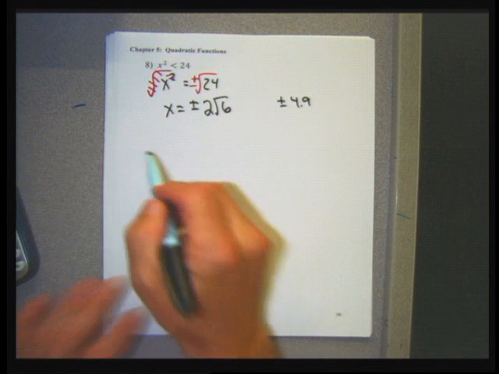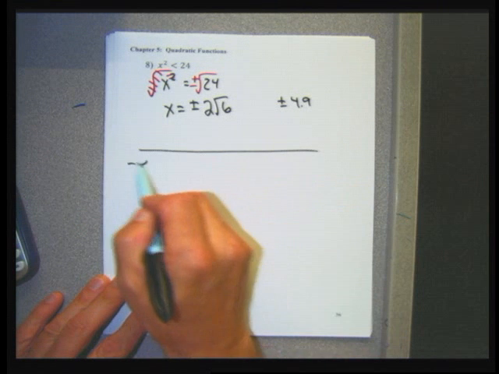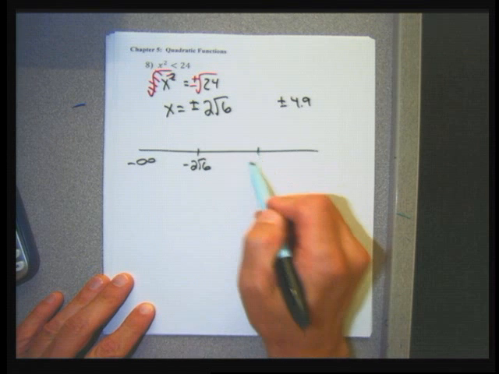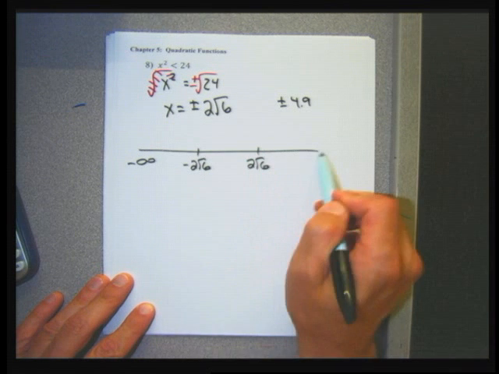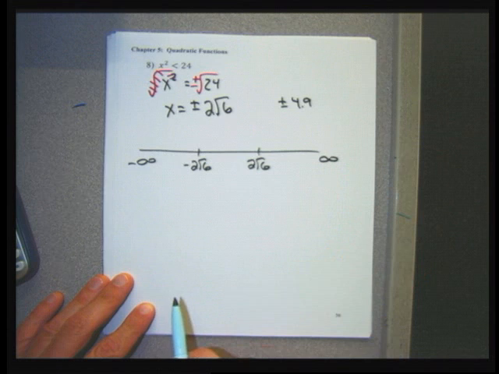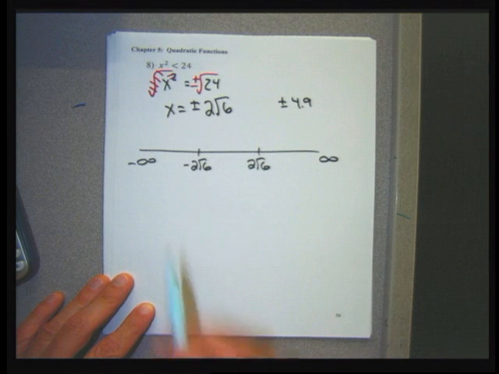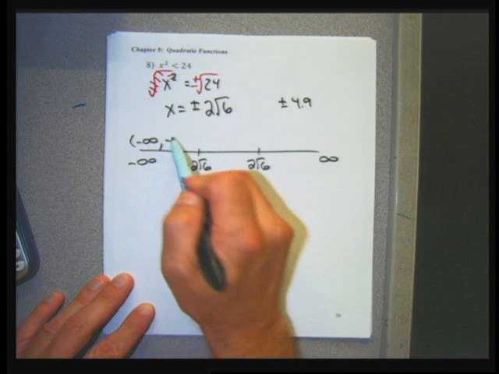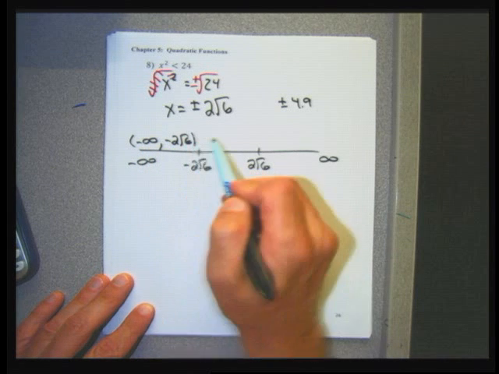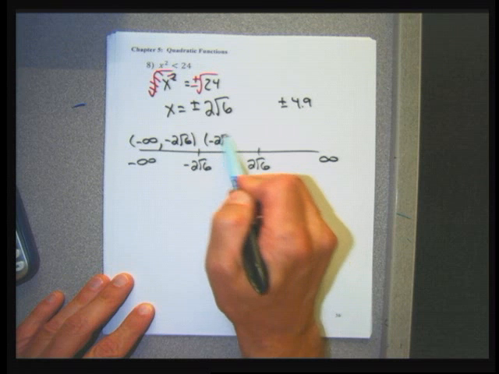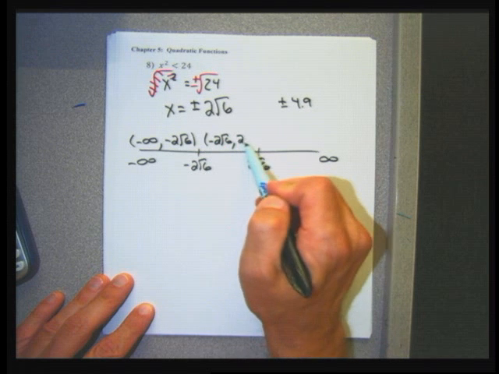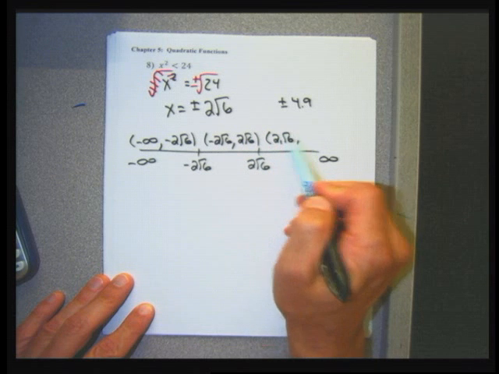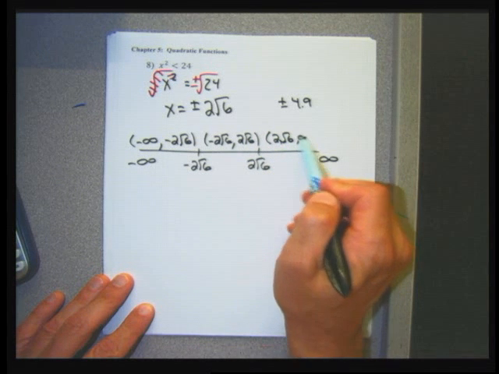And then put my number line, negative infinity, negative 2 square root of 6, positive 2 square root of 6, positive infinity. All the intervals get round brackets because you don't have an or equal to. So negative infinity to negative 2 square root of 6, and then negative 2 square root of 6 to positive 2 square root of 6, and then positive 2 square root of 6 to infinity.